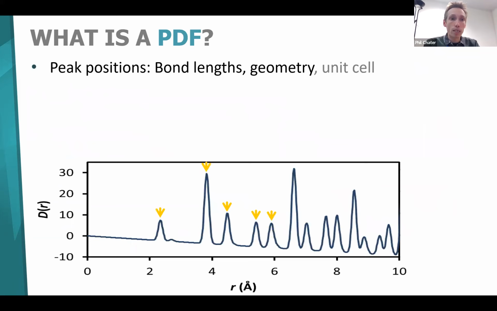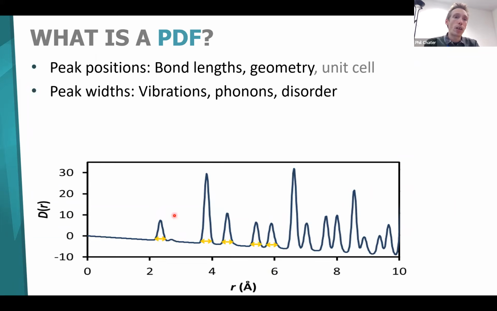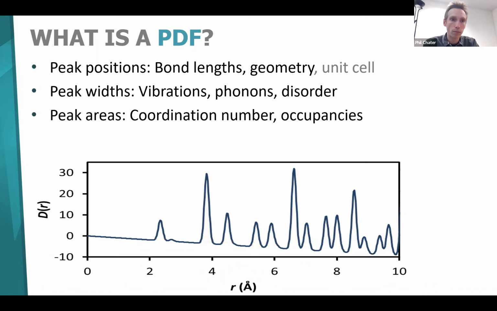So in terms of the information that we get from a PDF, in terms of a very quick summary, the peak positions are giving us our bond lengths and our geometry of the atomic arrangement. Our peak widths are giving us information on vibrations and phonons and disorder within the system. So the wider the peak, either the more that the things are moving around or the more disordered they are, or there are wider distributions of bond lengths.